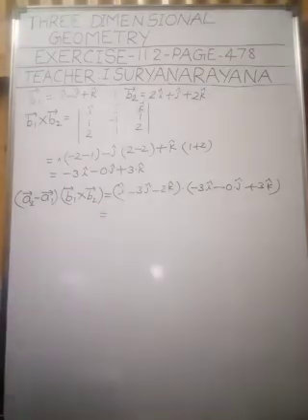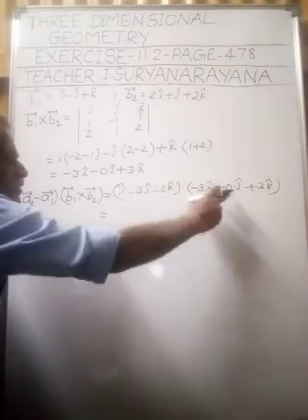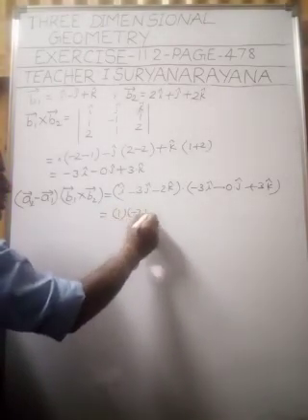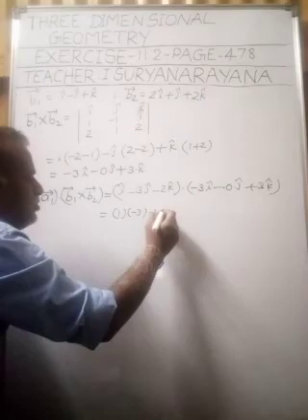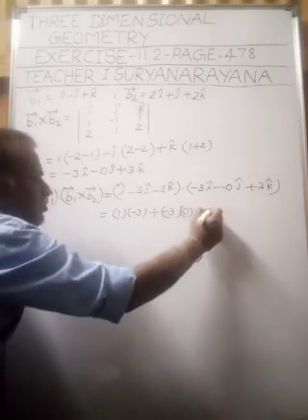Again here, recall the concept of dot product of two vectors. Do you remember that point, my children? Yes. A1 A2 plus B1 B2 plus C1 C2. So 1 into minus 3 plus minus 3 into 0 plus minus 2 into 3.